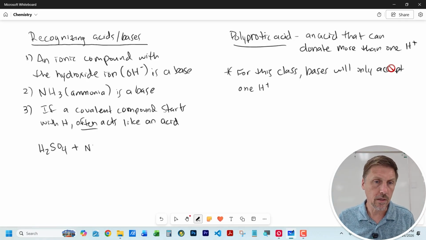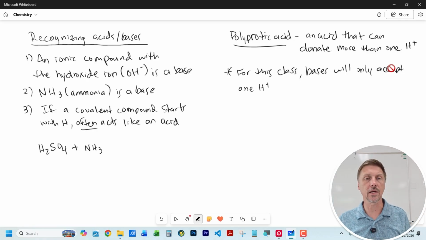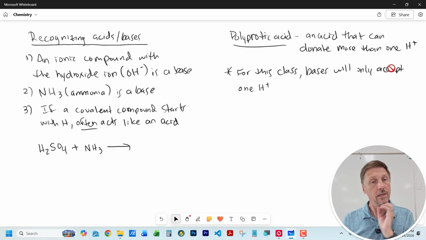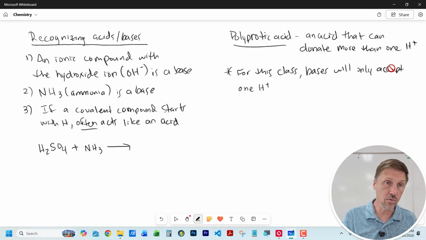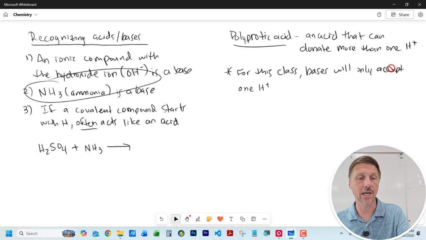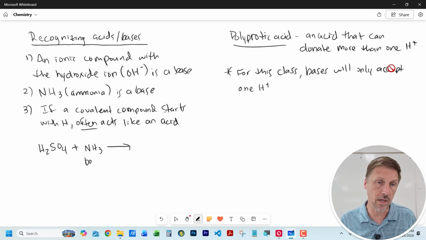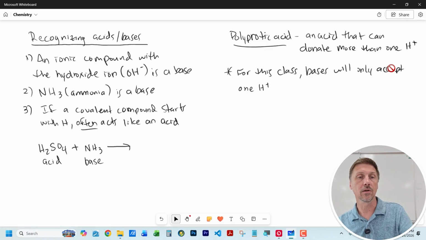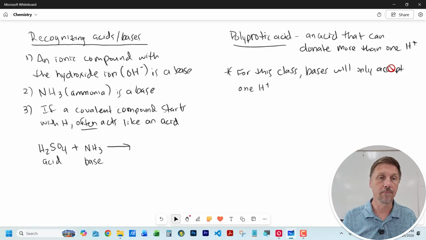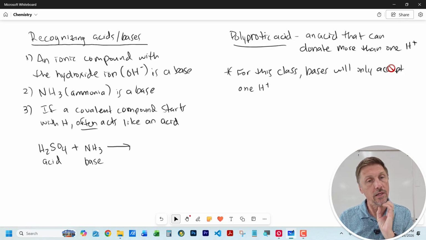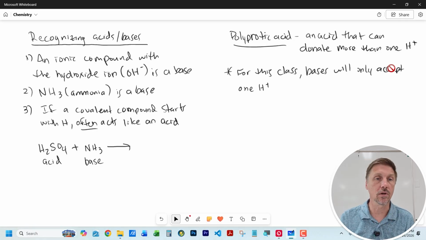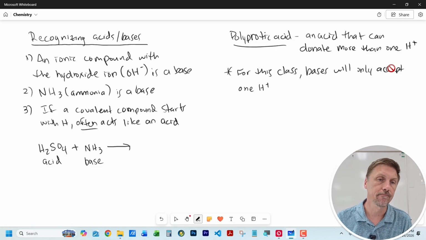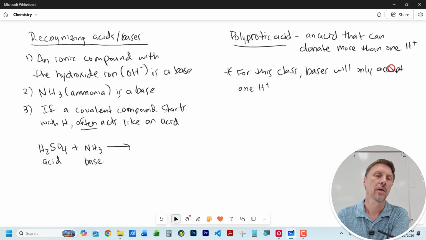What's going to happen? Now, we know, based on rule number 2, NH3 has to be our base, right? So this is our base. And this guy has got to be our acid. We could have guessed that based on rule number 3 because it is a covalent compound that begins with an H, right?